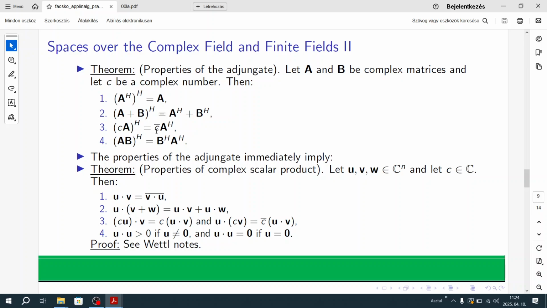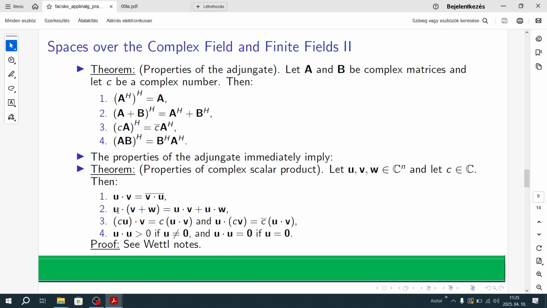Scalar product, properties of the complex scalar product. It is almost commutative. So the order of the scalar product is almost not important, but we have this conjugate. This conjugate stuff makes things more difficult.